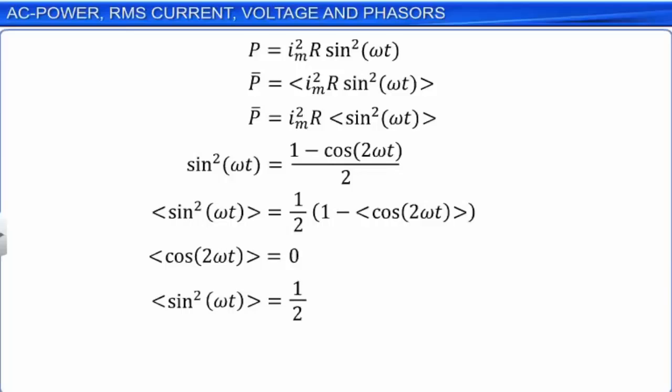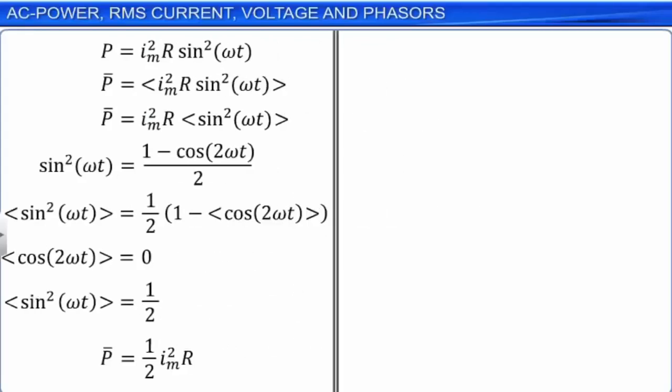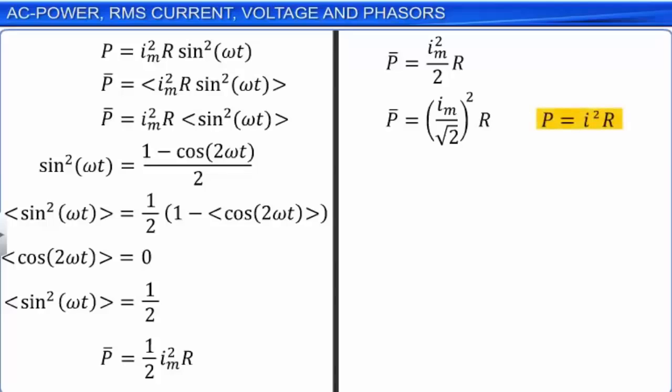Therefore, the average power dissipated over a cycle is half of Im squared R. If we define a new value of current to be associated with AC, that is, Im by root 2, we can get the expression of power dissipated from a resistor in AC current in the same way as in DC current. That is, I squared R.